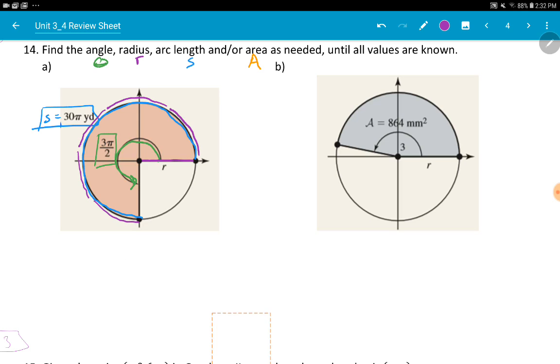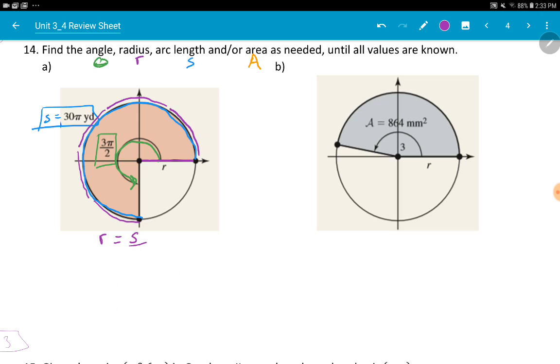I'm looking for r. So in terms of arc length and angle, r is the arc length divided by the angle. Let me think about that. Yeah, that's right.